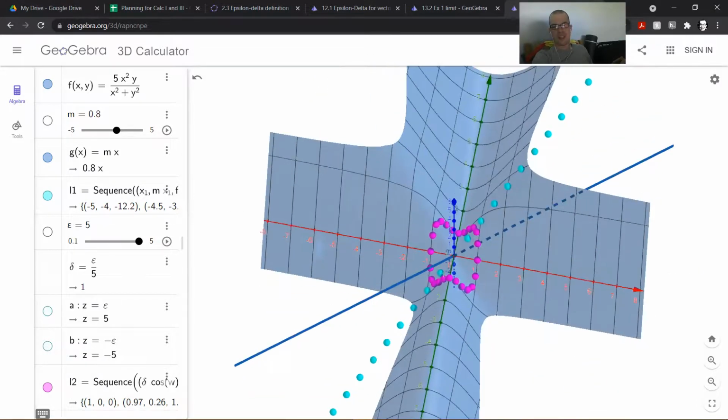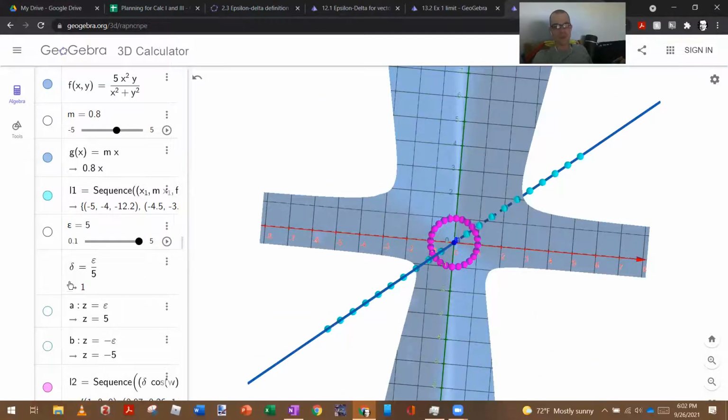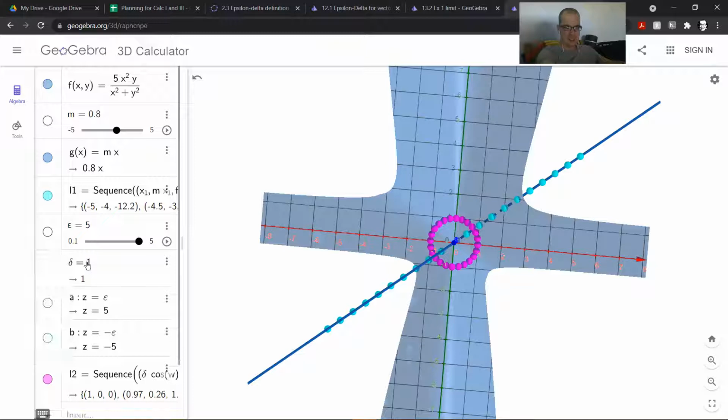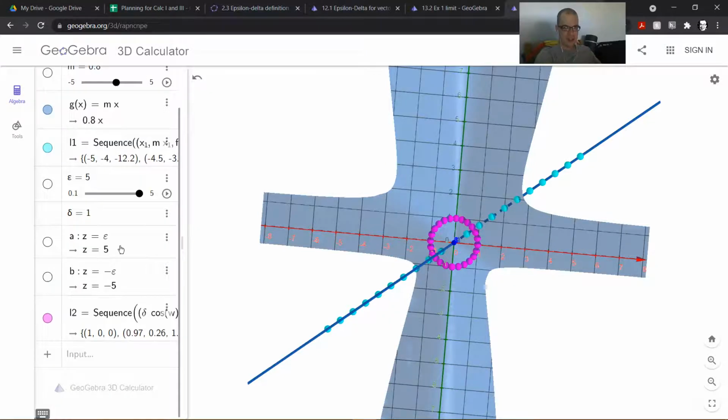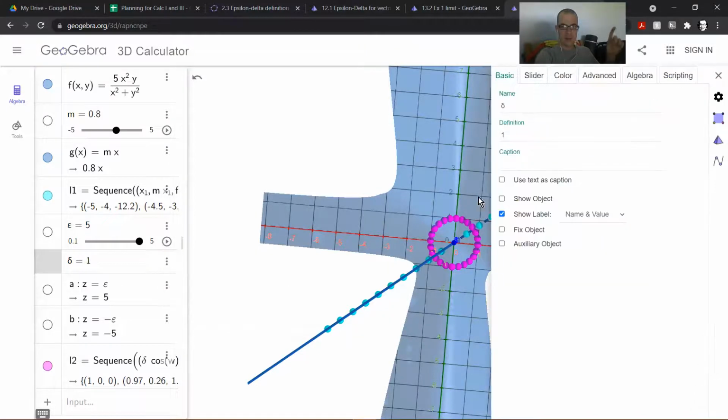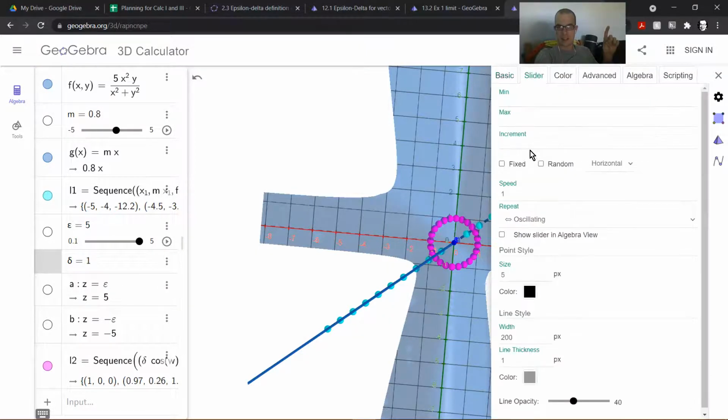But yeah, we're looking at the xy plane. We have our delta ball. And right now I have it defined as a function of epsilon, but that's for later. Come on, delta. All right, hold up. Let me make delta into a slider.